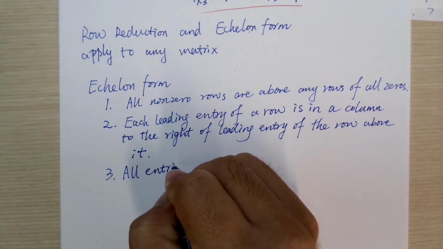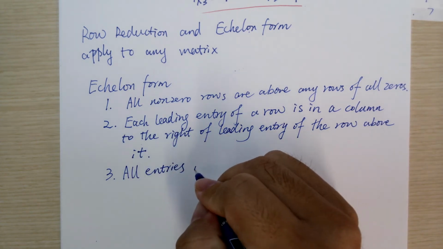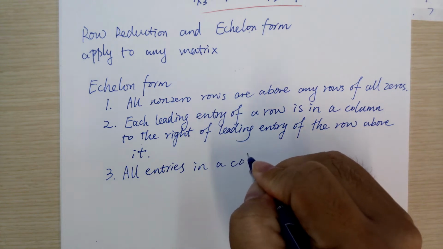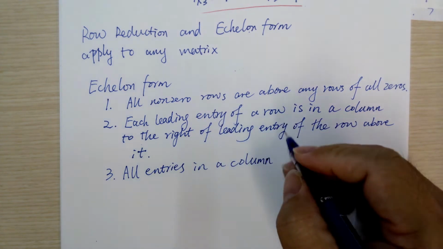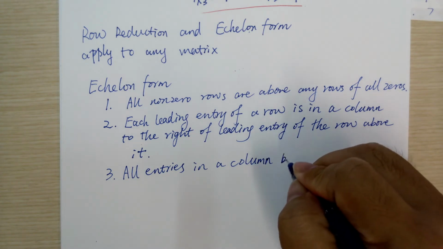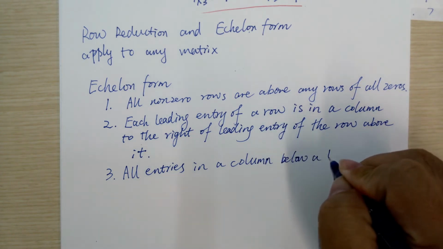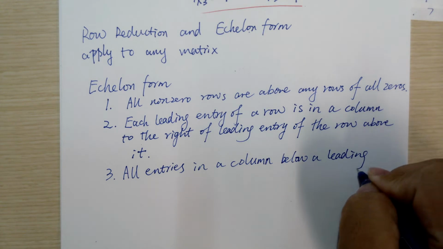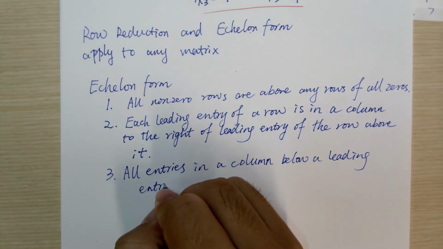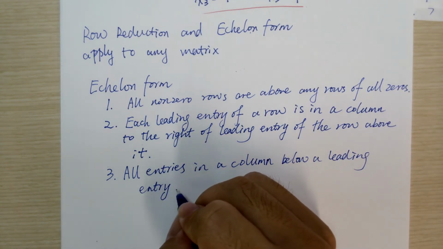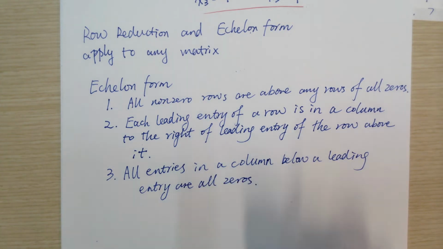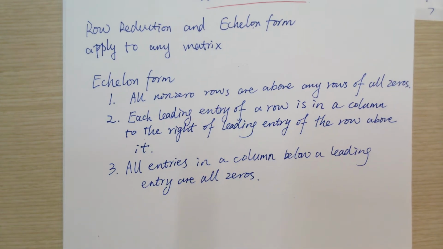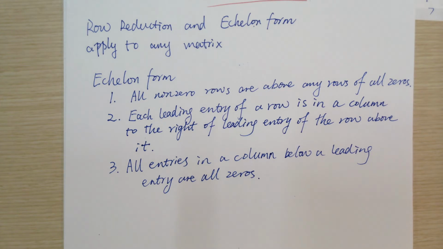Number three, all entries in a column below a leading entry are all zeros. Okay, so echelon form, what does that mean?